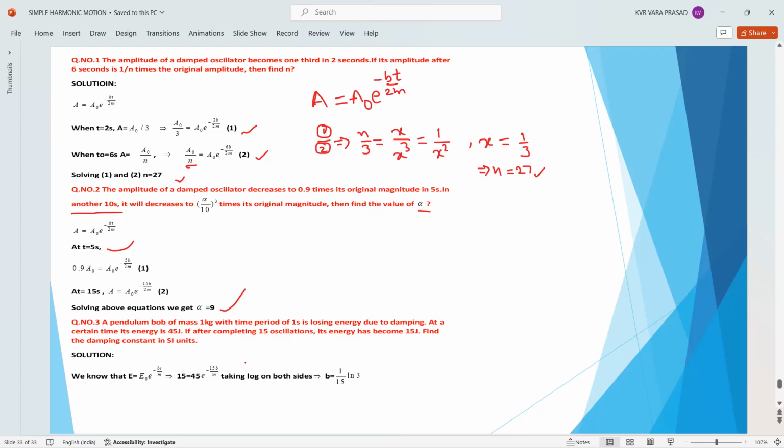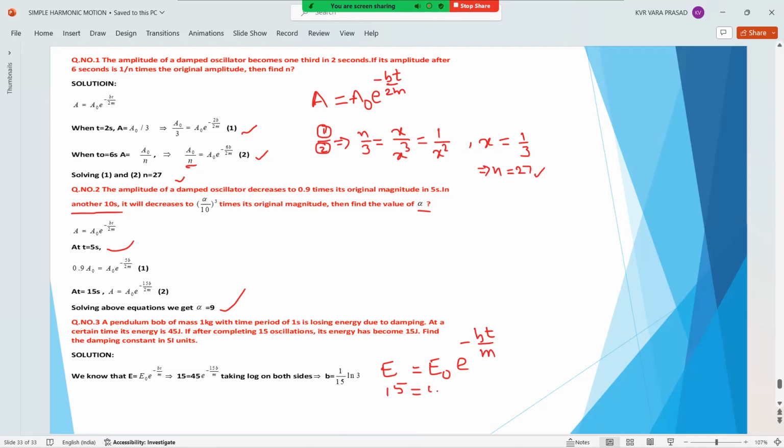So taking directly here energy equation, what you call that? Energy, what we got? E equal to half k a square. Take it as E naught, half k a square. Remaining is now e power minus bt by m. So take in the place of e, it is 15.